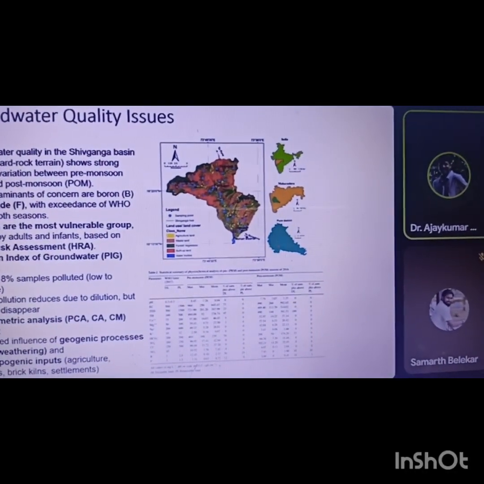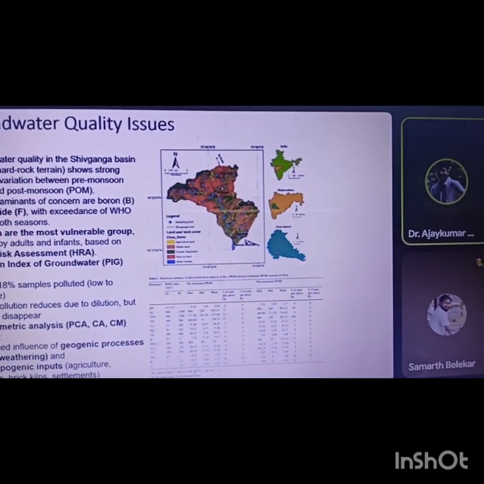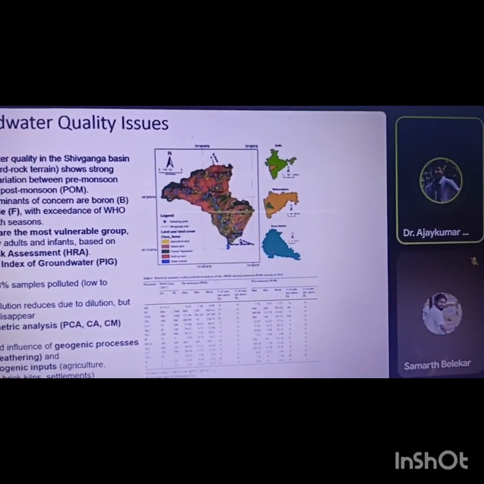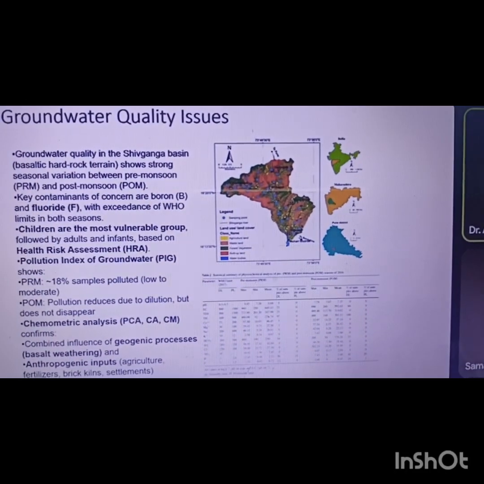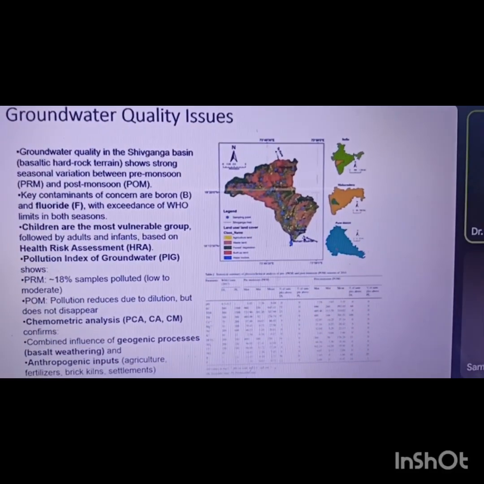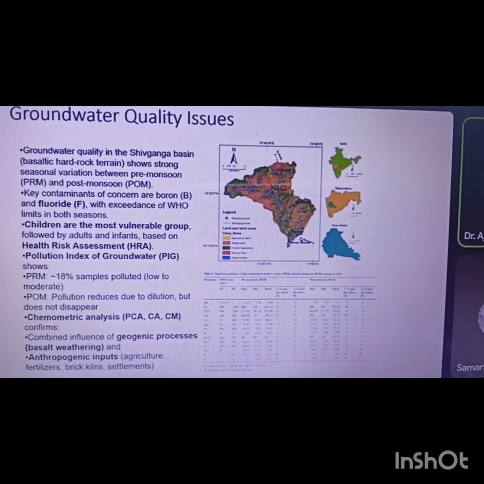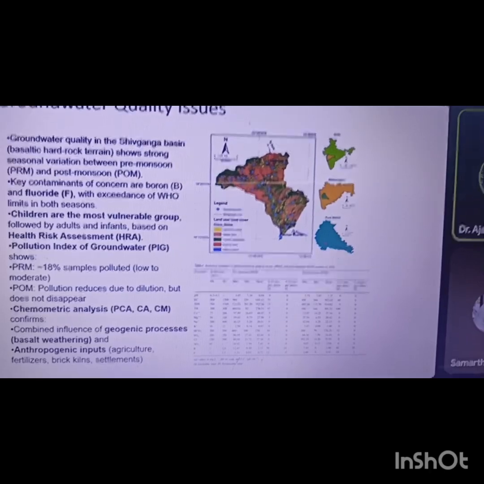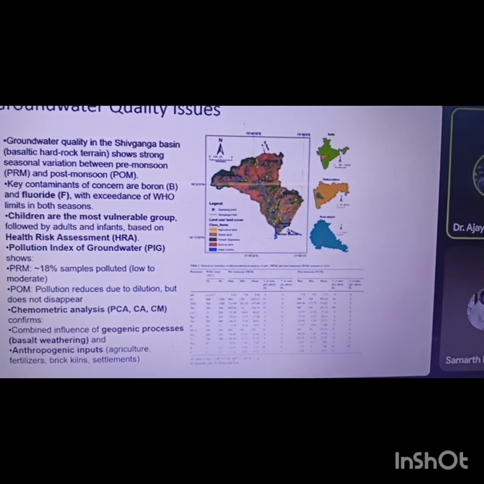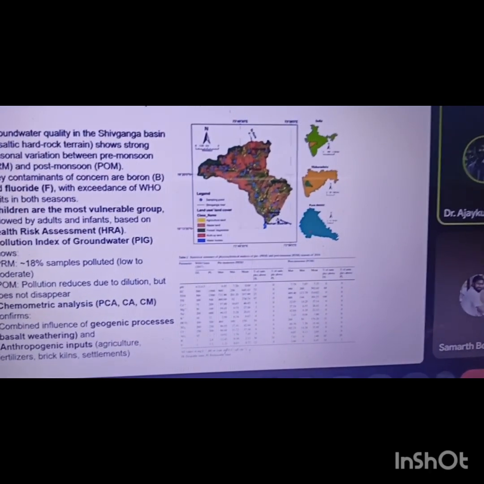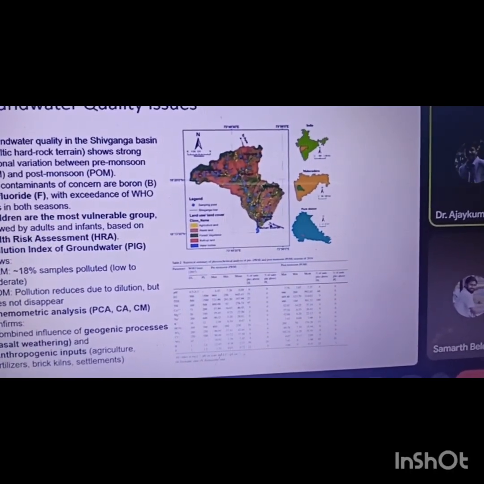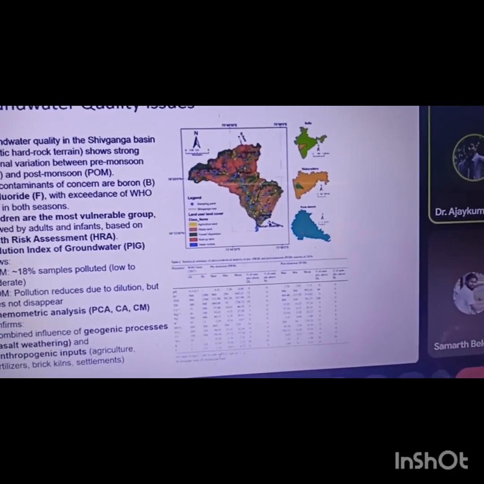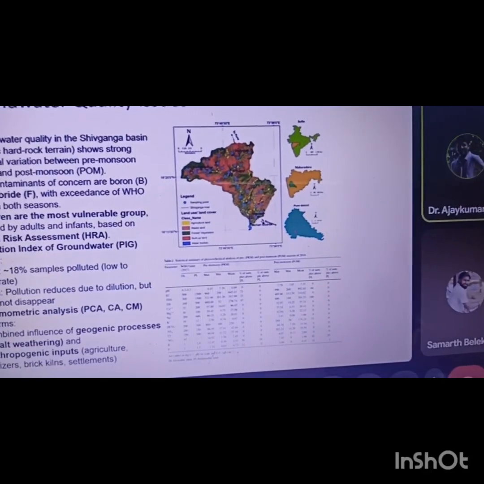As I previously said, groundwater quality issues of any area you can easily study. For my study area, we identified the health risk using GIS and remote sensing. For the groundwater quality in that area, we analyzed pre- and post-monsoon water parameters and identified the groundwater pollution index for that area.